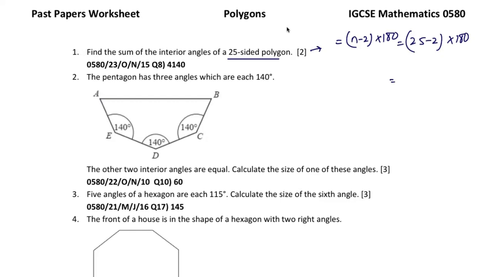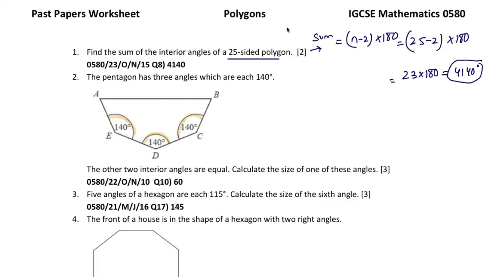If they had asked for each interior angle, then we would have divided by n in case it was a regular polygon. So 25 minus 2 times 180 is 23 times 180, which is 4140 degrees. Now, question number 2, a pentagon has 3 angles which are 140 degrees each.